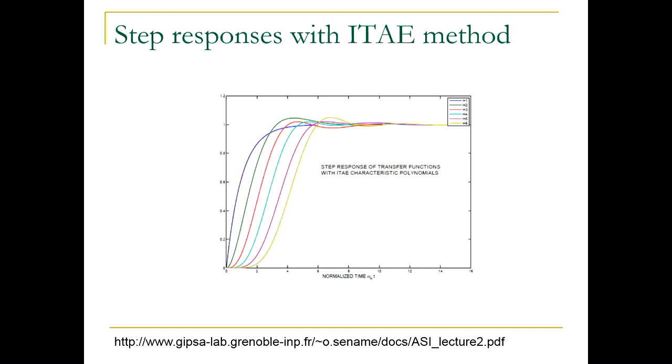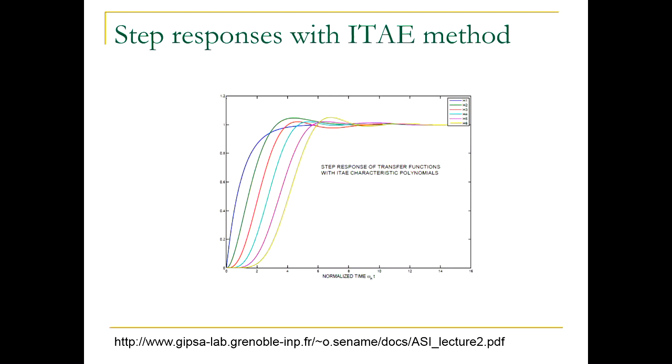If you look at the step responses of these systems, you will get something like this. So note the difference from Butterworth filters. There's less overshoot even for high order systems, right? And maybe they are a bit sluggish. So for high order systems, you would get a longer settling time, right?